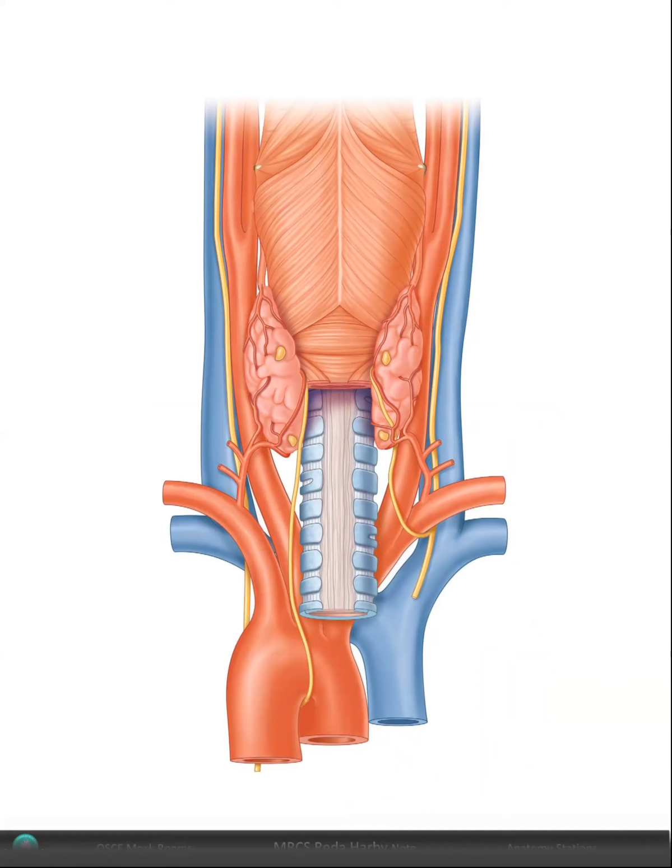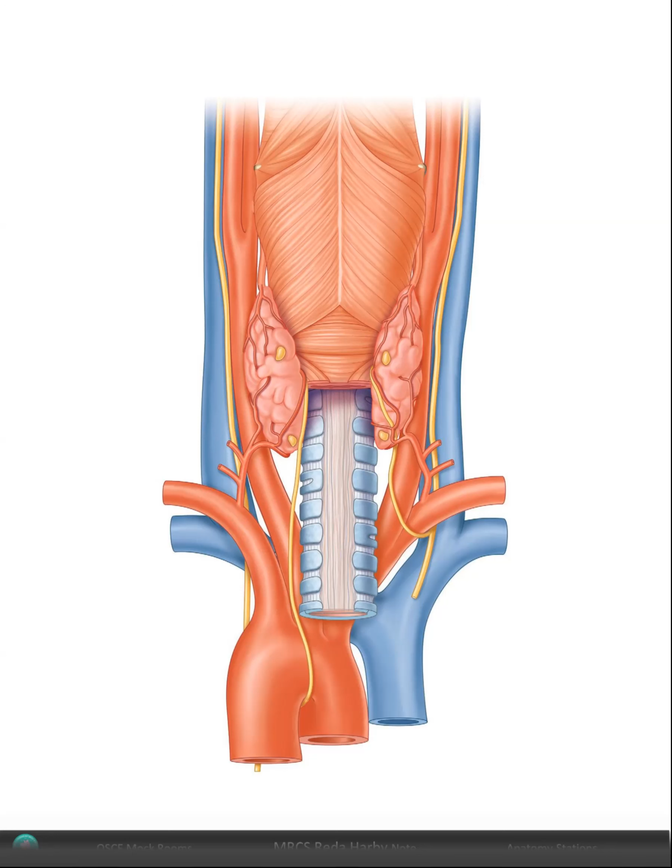So regarding the next question, what is the venous drainage of the thyroid gland? There are three veins which drain the thyroid gland: the superior, the middle, and the inferior. The superior and the middle drain into the internal jugular vein, and the inferior drains into the brachiocephalic vein. Okay, excellent.